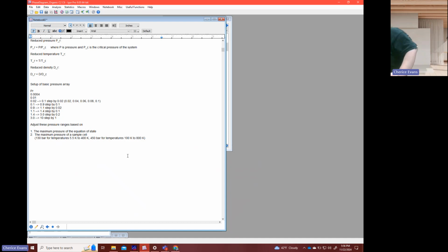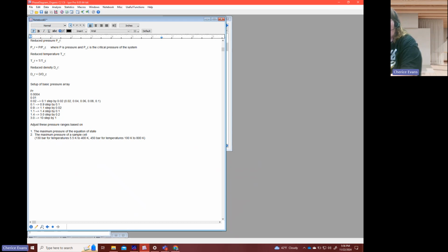It's a lot of metal. So we'll say 100 Kelvin to 800 Kelvin. So basically below 100 Kelvin, I'm not going to try to maximize for 450 bar. I'll stay in the 130 bar range. Now, once we have that, that sets my pressure range up.